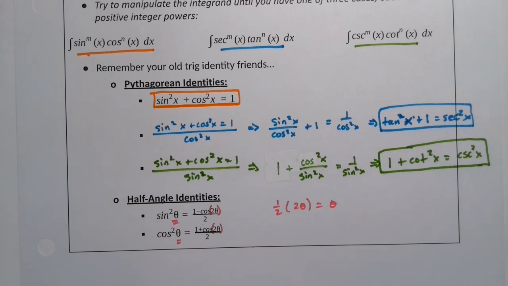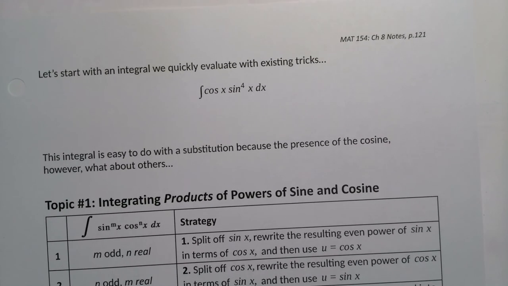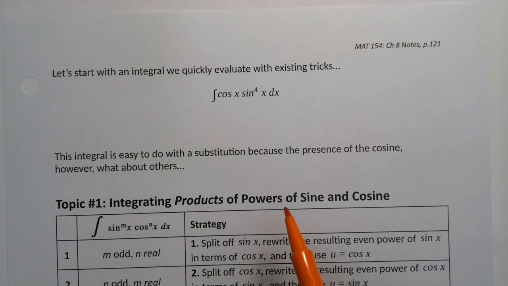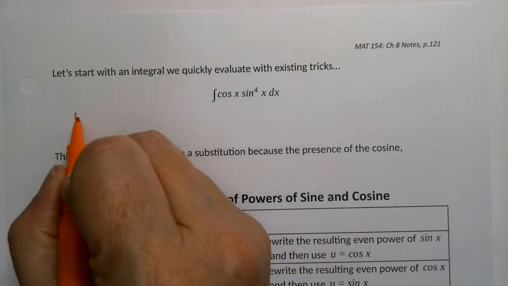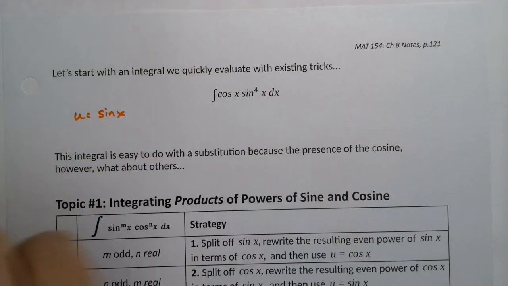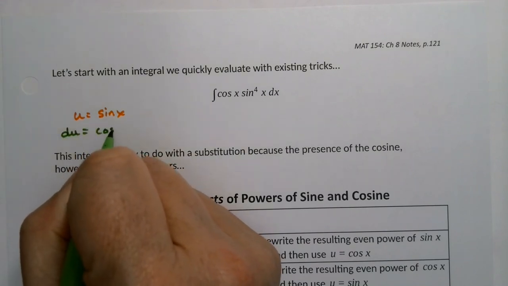All right, so let's try to tackle an integral using the tricks we know. So when I look at this problem, I think we could use substitution with this. So substitution shouldn't be bad. If u was sine of x, because that's nested inside another function, then the derivative of that is cosine of x.